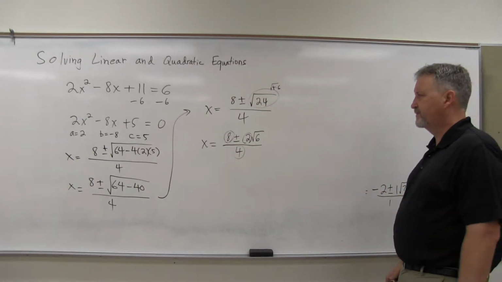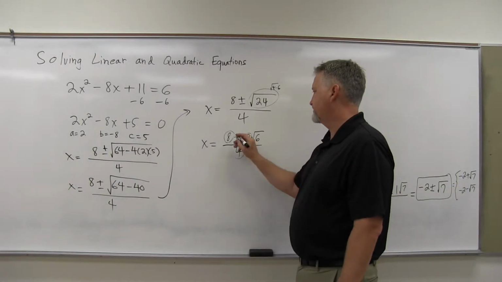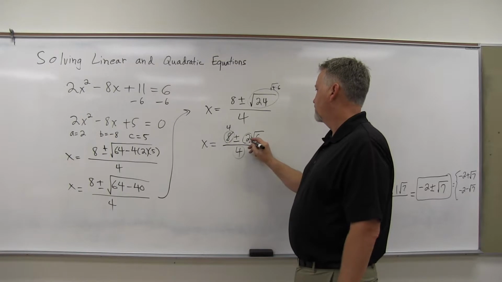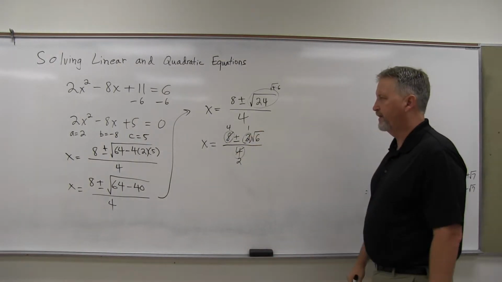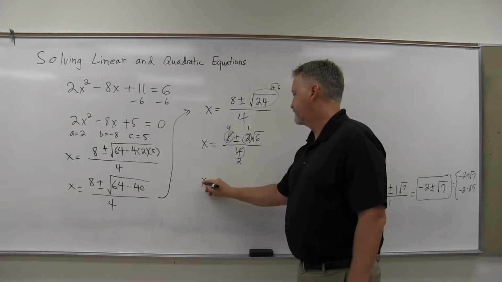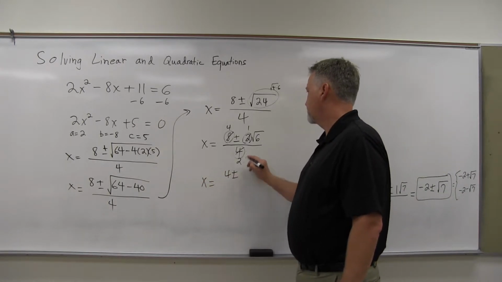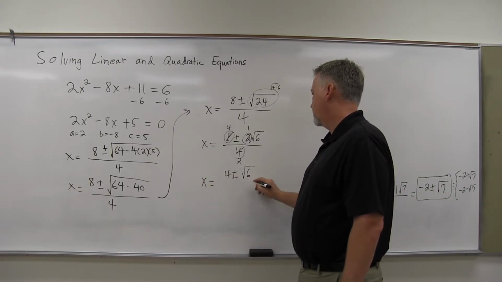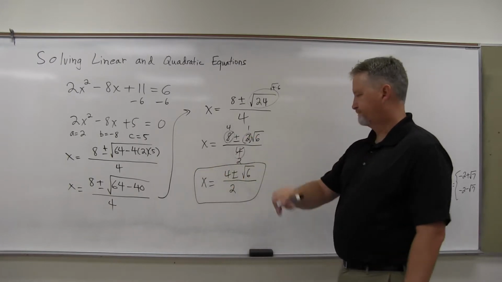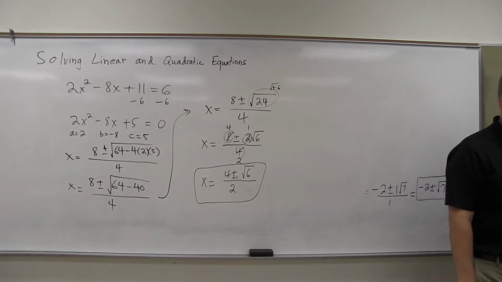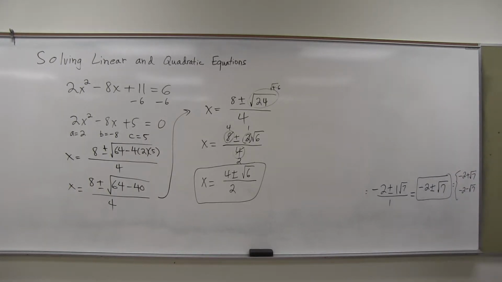So that's typically what they're going to do, look at all 3 and see what you can take out. So that would be, reduce all of them by just 2 there. So it would be 4 plus or minus, you don't have to write that 1, square root of 6 over 2. That would be how they would want the answers there.